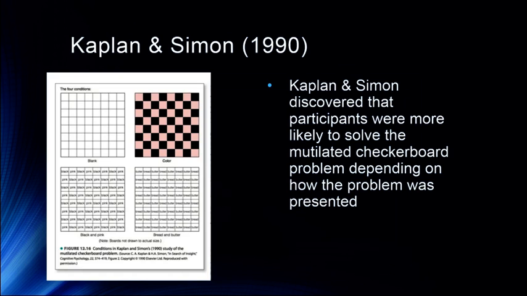Well, Kaplan and Simon did several different versions of these. There's a blank version, the color version, and then different words, so pink and black and bread and butter. And they discovered that participants were more likely to solve this problem depending on how it was presented.